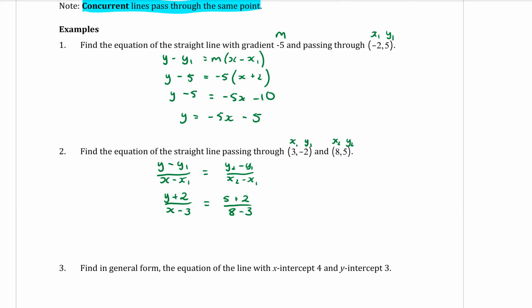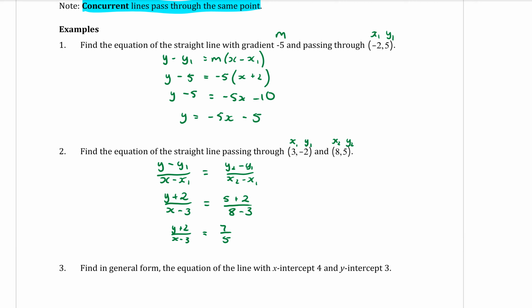All right, let's tidy up the fraction on the right-hand side. I have y plus 2 over x minus 3. 5 plus 2 is 7. 8 minus 3 is 5. Now, I'm trying to get an equation here. I have fractions on both sides, so I can cross multiply.